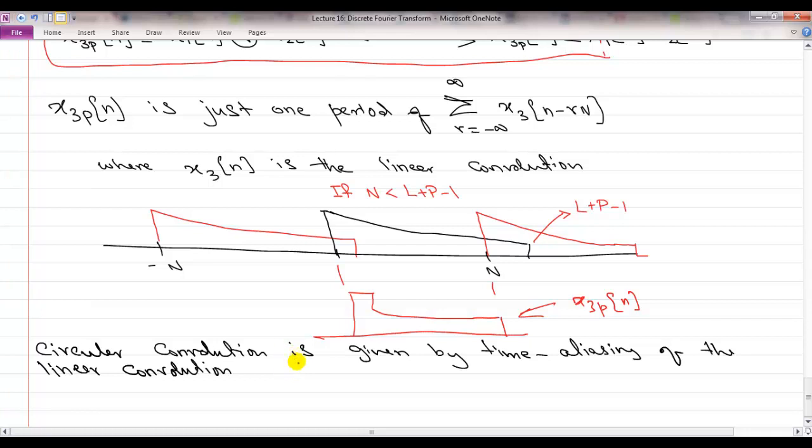And the aliasing will happen if n is less than L plus p minus 1, which is the length of my linear convolution. Then aliasing will take place.